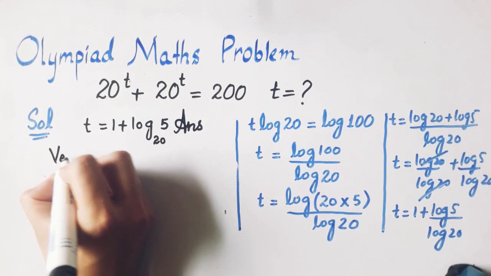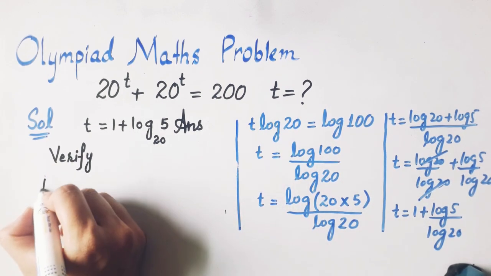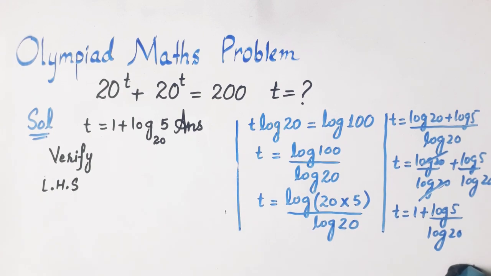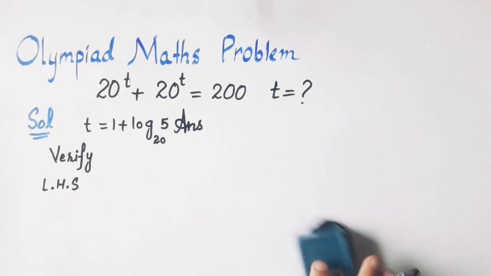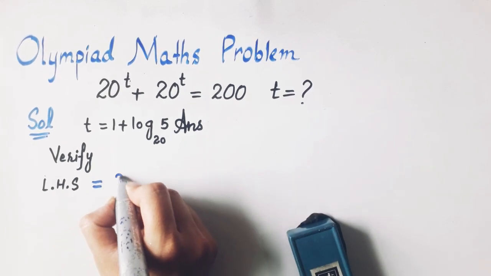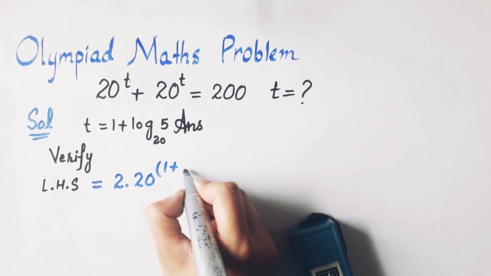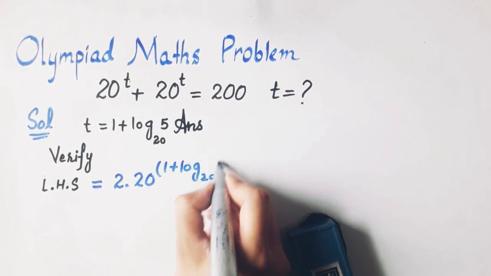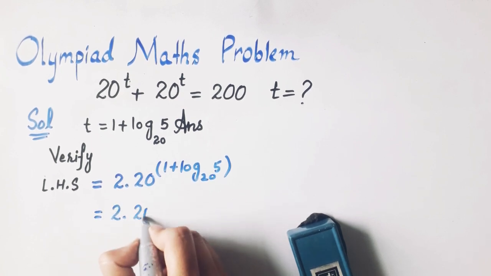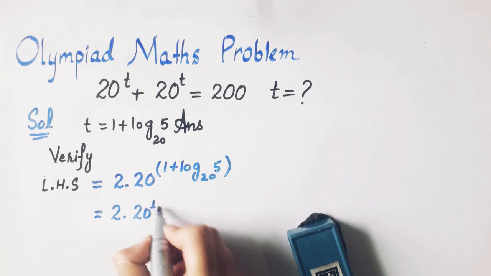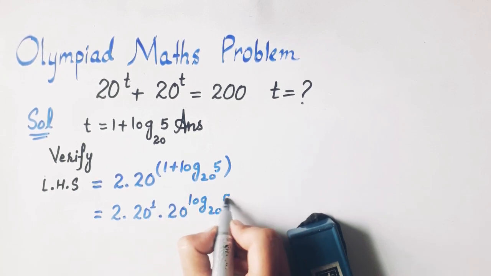Now we will do the verification. So verify, substitute the value of t in the left hand side and get the right hand side. We get 2 into 20 raised to power 1 plus log base 20 of 5. We get 2 into 20 raised to power 1 into 20 raised to log base 20 of 5.